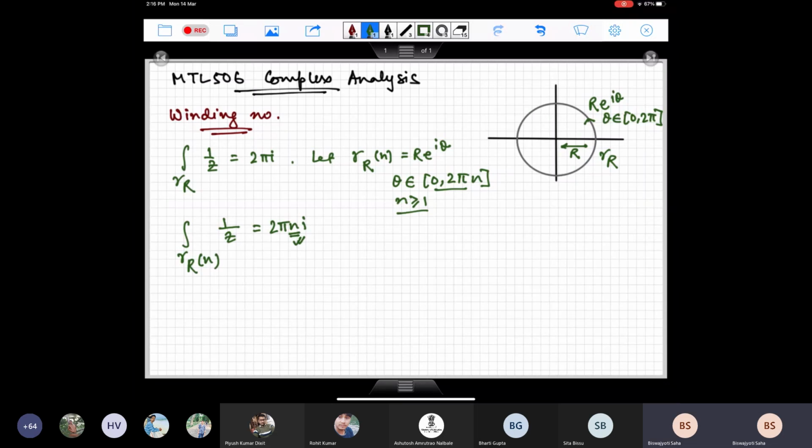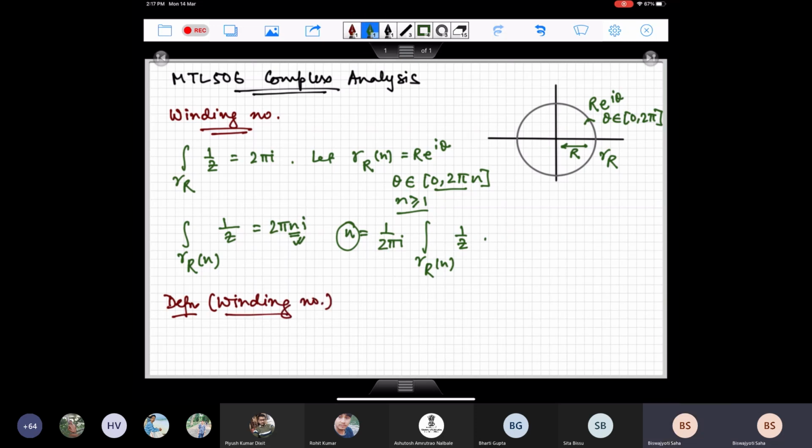Yes, sir. Okay, so remember, this n I can write as 1 upon 2 pi i times the integral over gamma r n of 1 upon z. So this n is the number of times my path is winding around 0. That's the number which is reflected over here. So inspired by this phenomenon, we take the following definition: winding number.